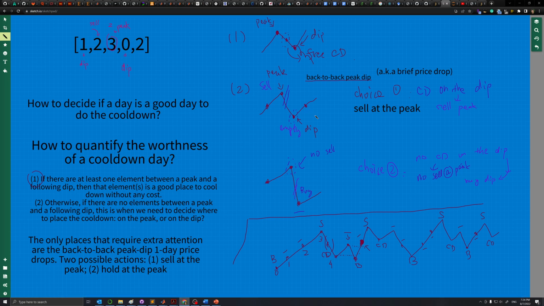Does it mean now you can treat this thing as a completely new problem? Because here we're not buying anything. We're just letting the day pass through. This is like a new sub problem. Does it look like it?